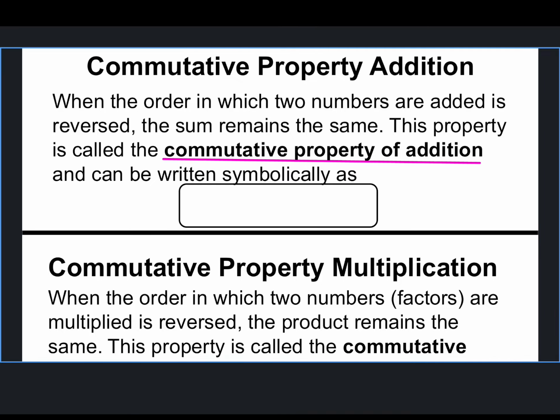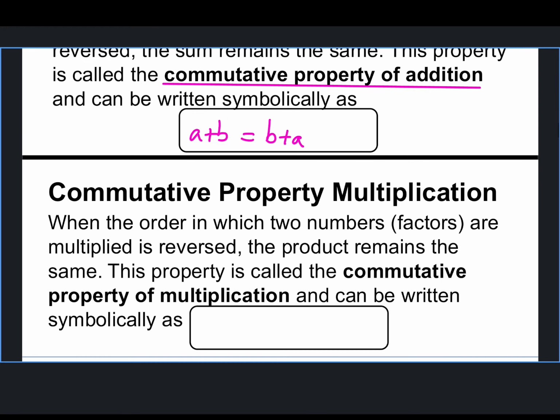And it can be written symbolically as A plus B is equal to B plus A. In other words, we can change the order in any way we want to, and it doesn't change the result. Now, what is that result called? Sum. Okay, just checking, making sure we're on the same page.